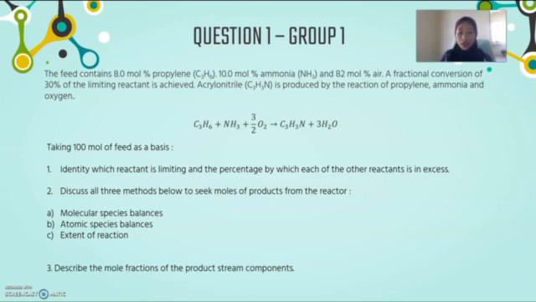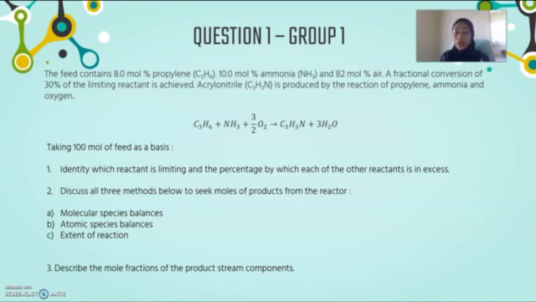Acrylonitrile, C3H3N, is produced by the reaction of propylene, ammonia and oxygen: C3H6 plus NH3 plus 3/2 O2 equals C3H3N plus 3H2O. Take 100 mole of feed as a basis.